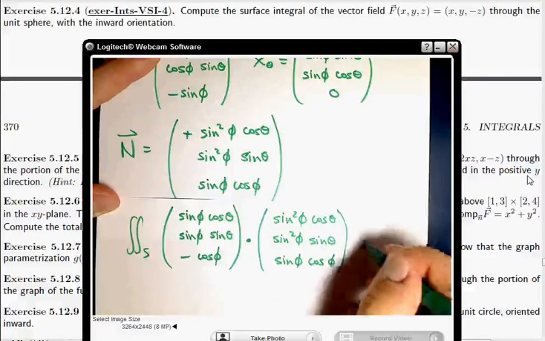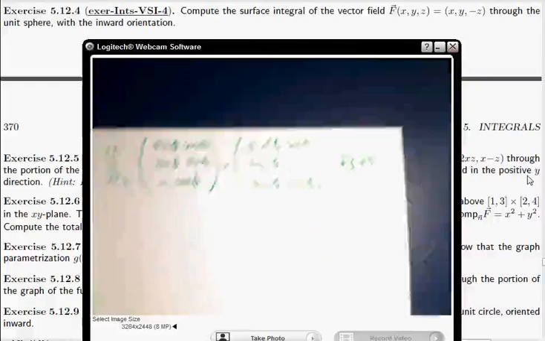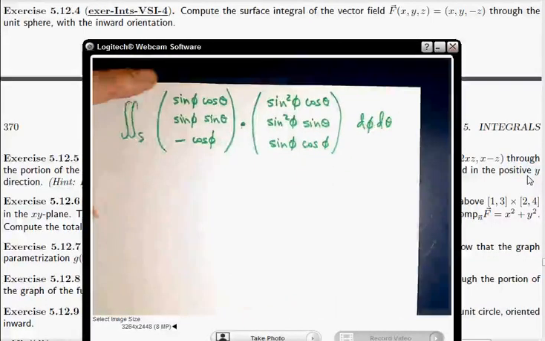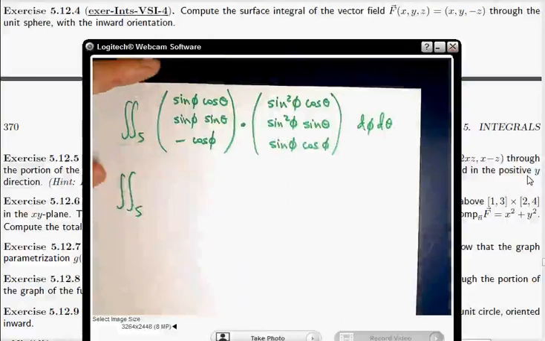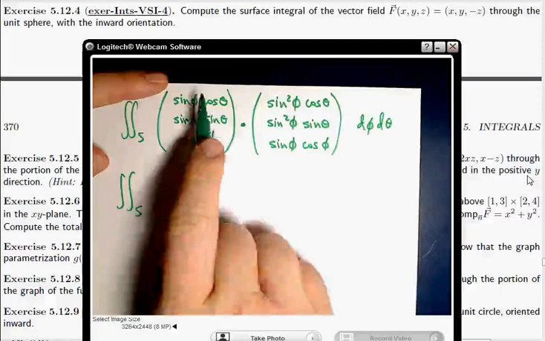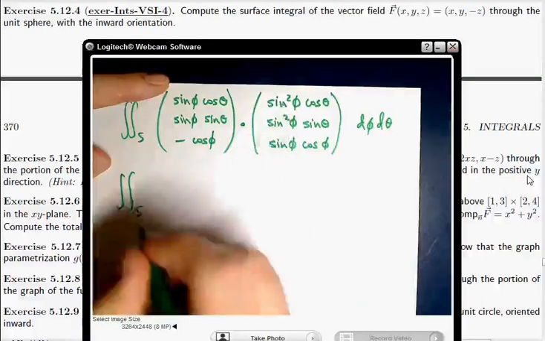Okay, and then d phi d theta, and now let's look at this integrand. Let's multiply this out. A lot of calculations here. So let's see here. Well, okay, so I'm going to have sine cubed of phi cosine squared theta.